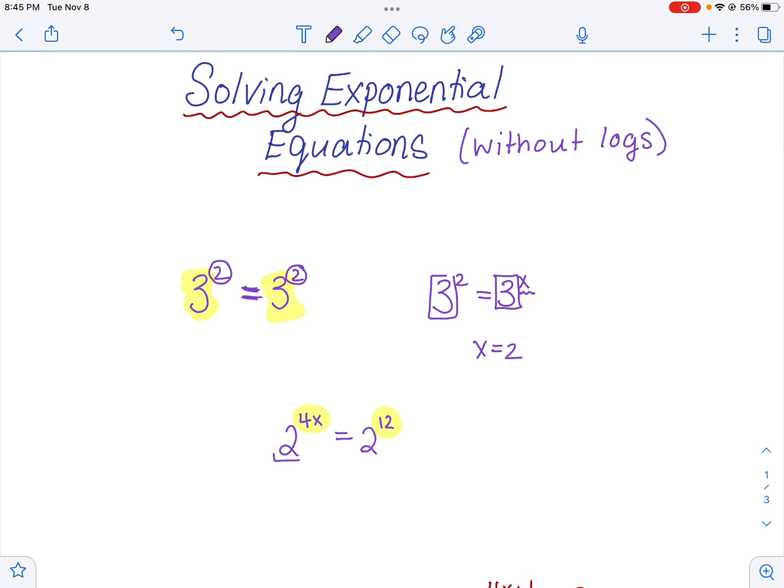Since they have the same exact bases, their exponents must be equal to each other. So 4x must be equal to 12. Therefore, x would have to be 3 because 4 times 3 would equal 12. And I could do that by just solving this equation and isolating x. So now I know x would have to be 3. And I can just prove that by saying 2 to the power of 4 times 3 is equal to 2 to the power of 12, which is what we had.